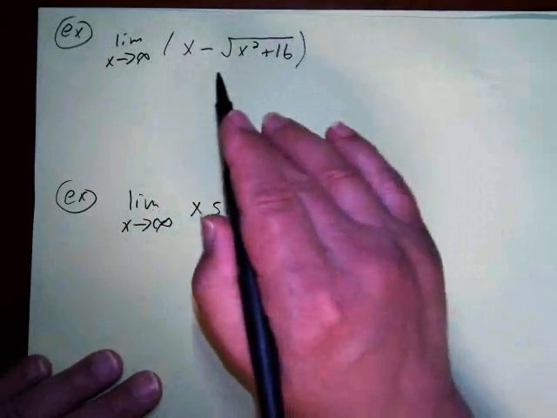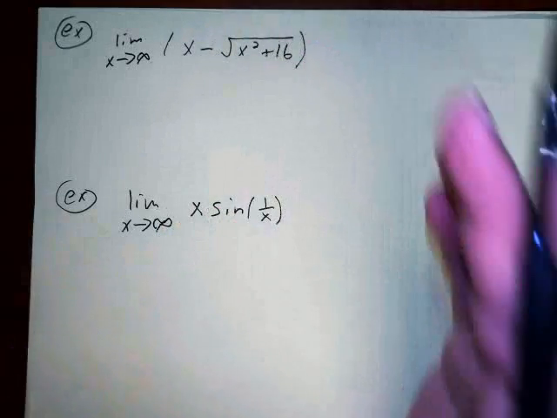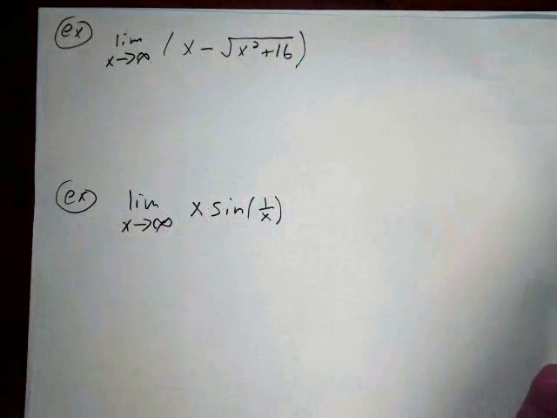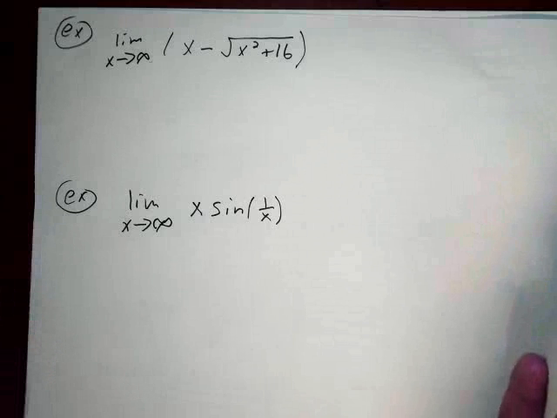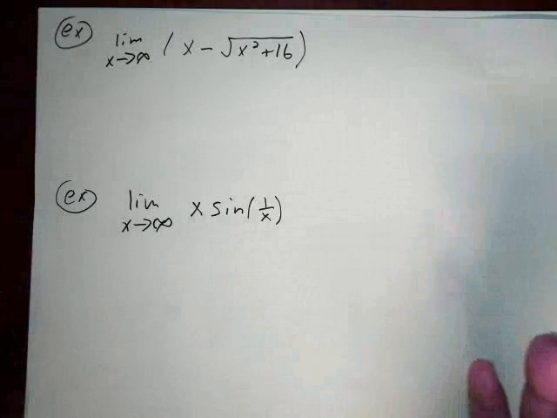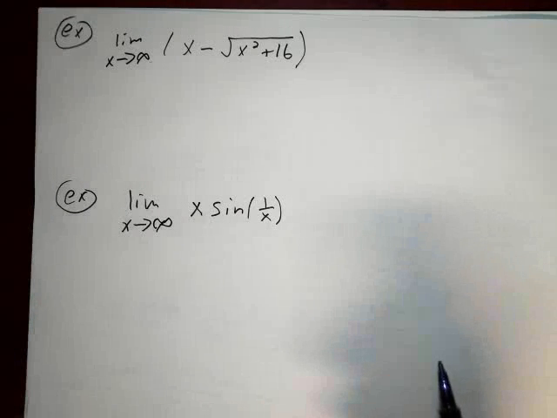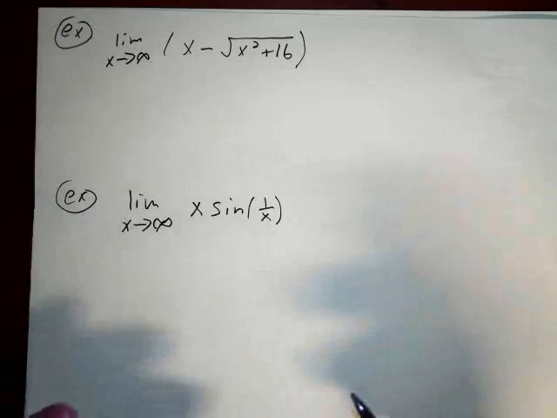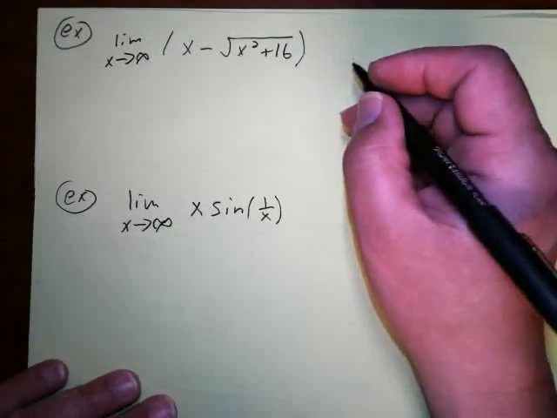It could be any of the 3. When you subtract 2 infinities, you might get an infinity, or 0, or a finite number. You could get different possibilities.